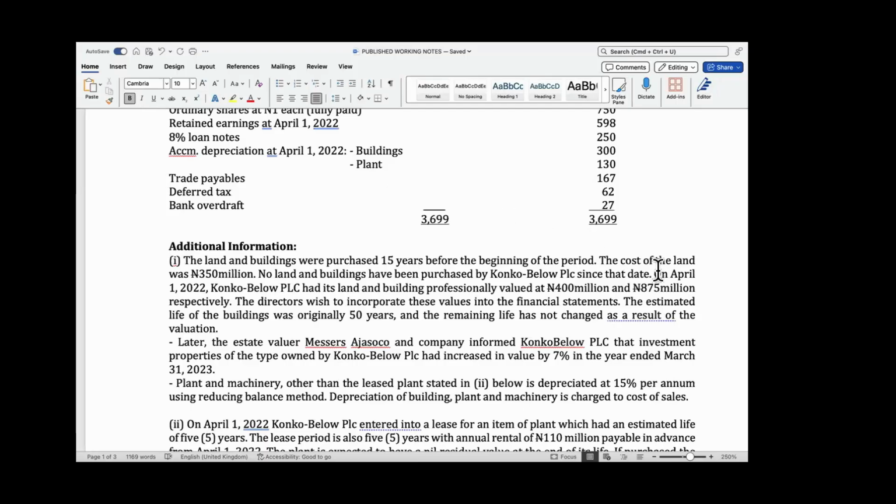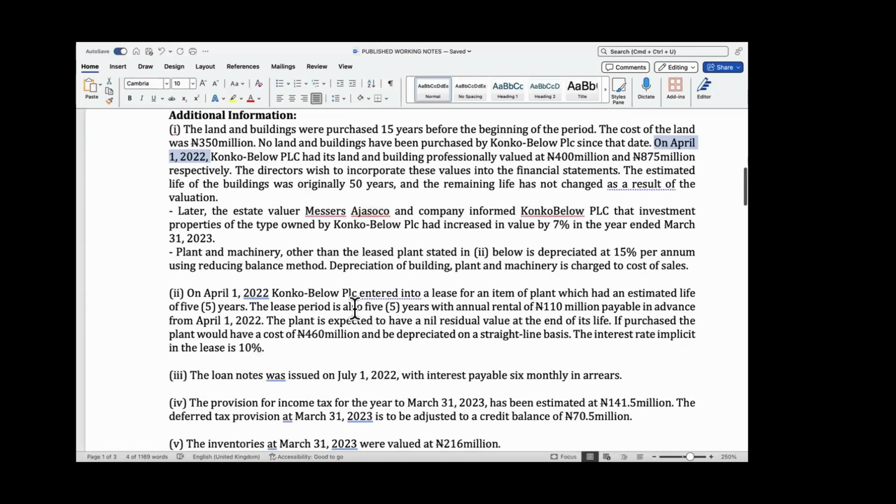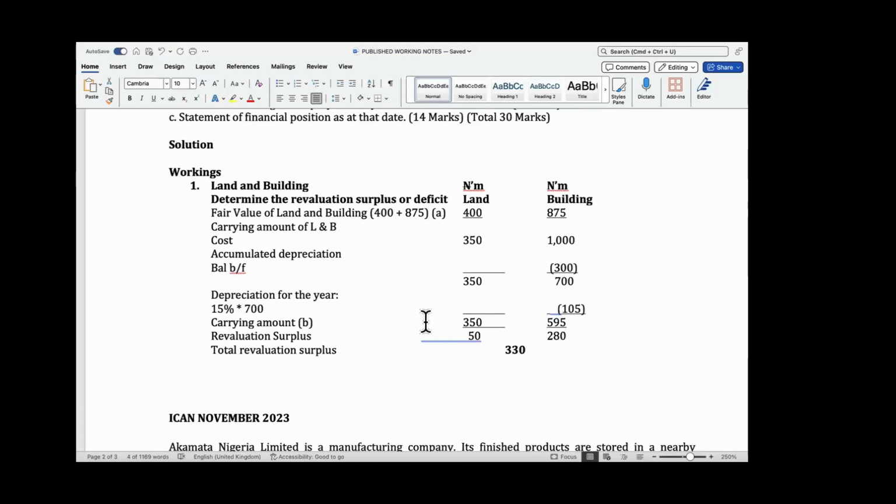You see, this revaluation was done at the beginning of the year. But we are treating this revaluation as if it was done at the end of the year. By the fact that we deducted depreciation, done at the end of the year, to get the carrying amount before we got the revaluation surplus, it makes this revaluation surplus wrong.